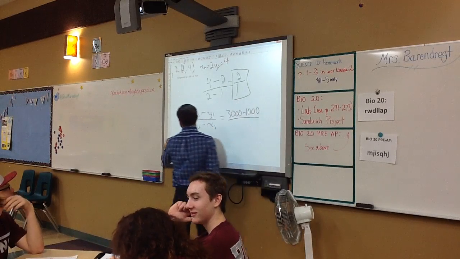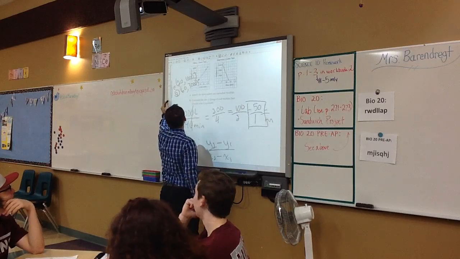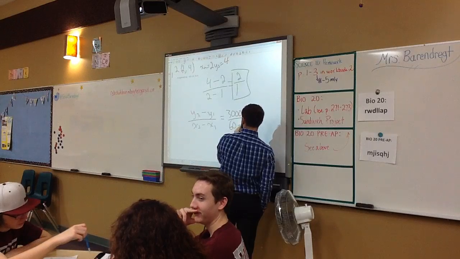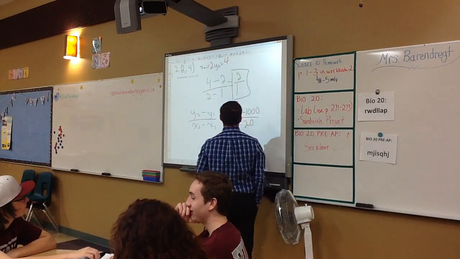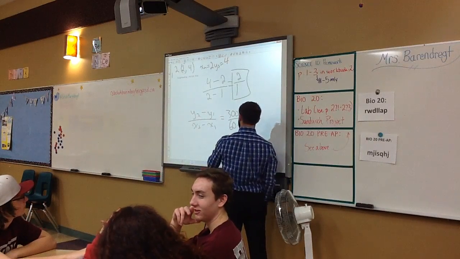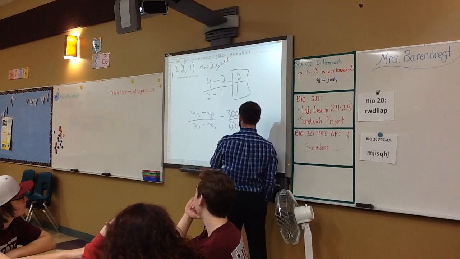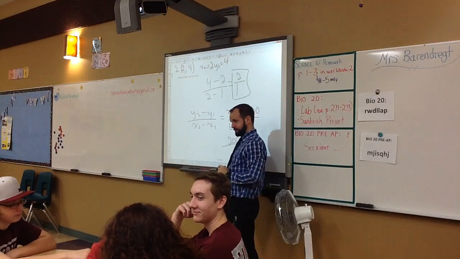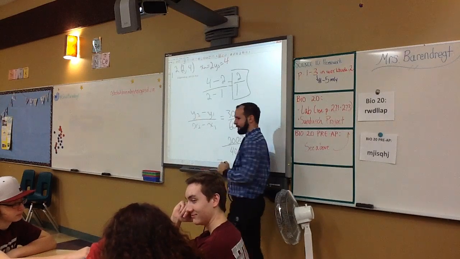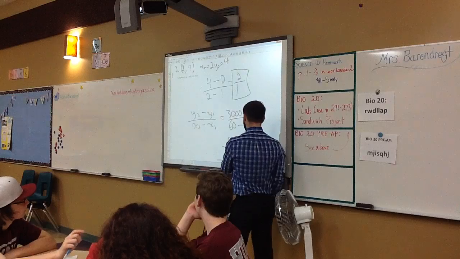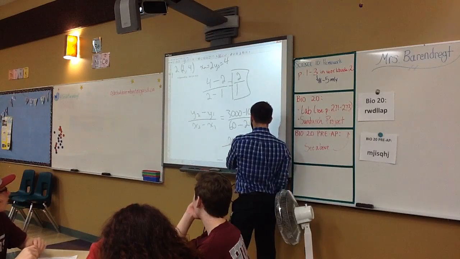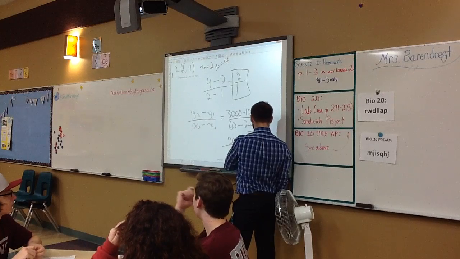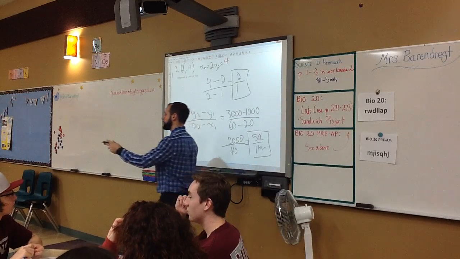What was x2? 60. And what was x1? What's 3,000 minus 1,000? 2,000. What is 60 minus 20? 40. Did we start with that? It reduced to what? 50 over 1. 50 liters per minute. Yep.